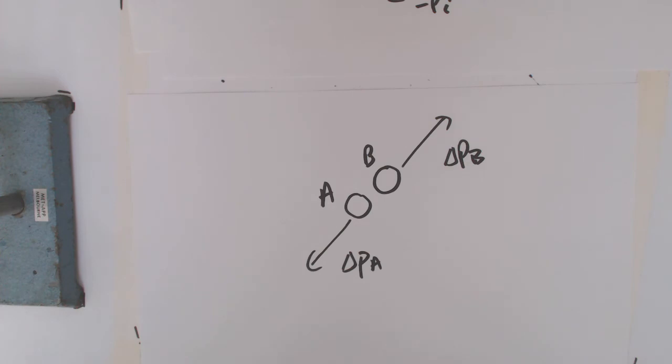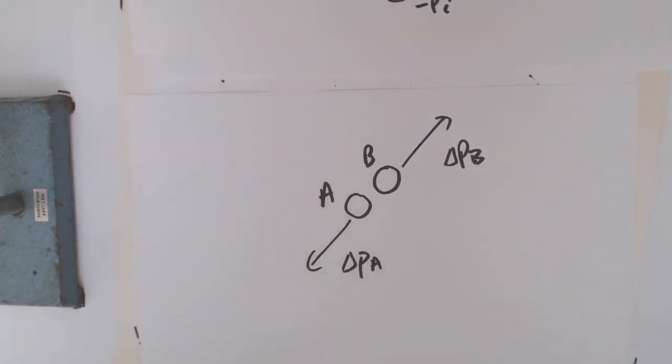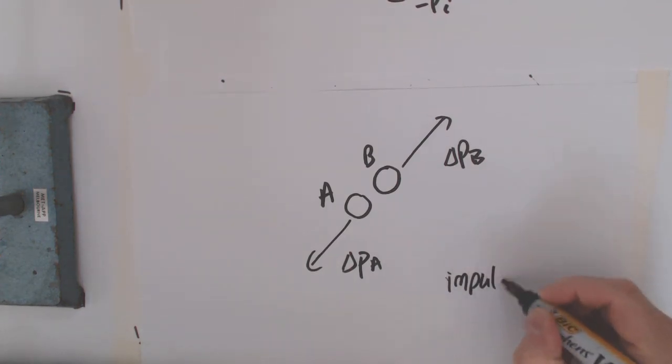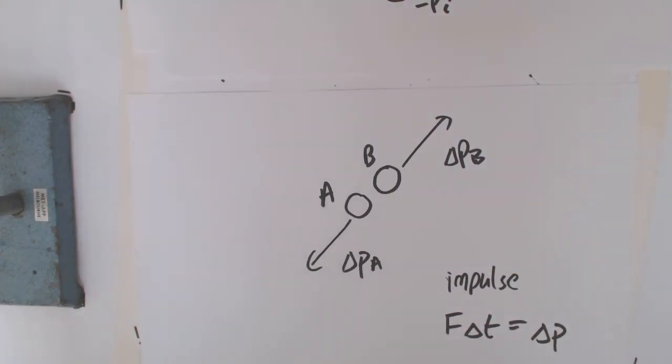Now, change in momentum is brought about by a force. So we're going to find that change in momentum, and this is the formula for impulse. This is how we'll bring it about. Impulse is force times delta t equals delta p. We'll talk about it a bit more in another video. But what we're basically saying is that change in momentum divided by change in time is equal to the force.